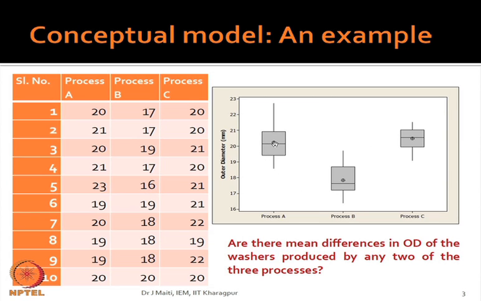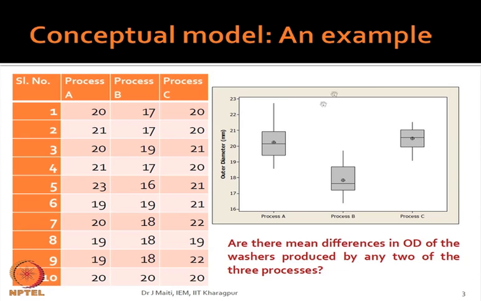You see, this is the mean point for process A, this is mean point for process B, this one is mean point for process C, and if I see the value, it is 20 point something, this one is around 18 and this one is again 20 point something. So, even if there is no difference between maybe process A means versus process C means, there is a chance that both process A and C means are different from process B, which from the graphical plot resembles like this.